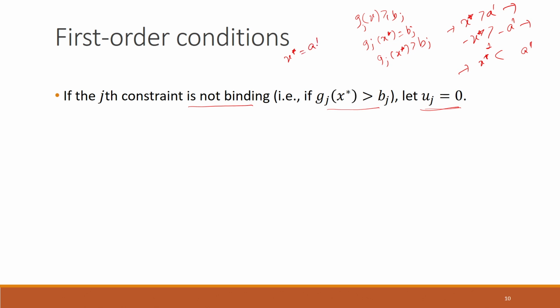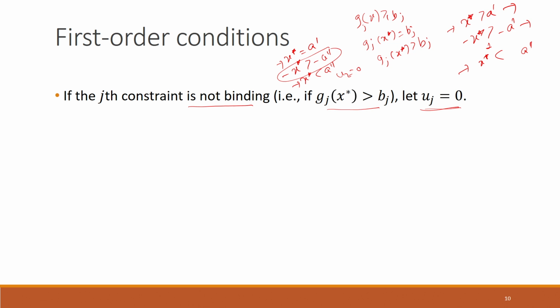In that case this was the binding constraint, and the non-binding constraint will be minus x* greater than minus a'', which is the same as saying that x* is less than a''. Because if x* is equal to a', then x* has to be less than a''. So u2 will be equal to 0 in that case.